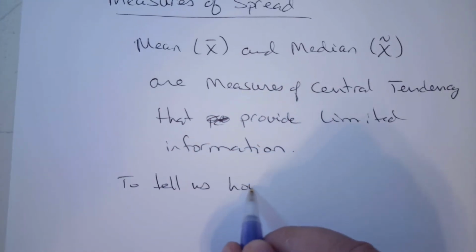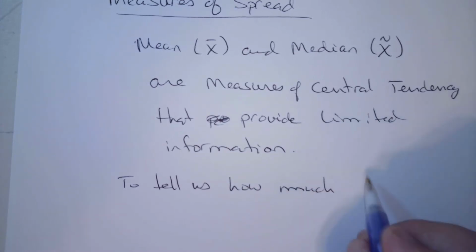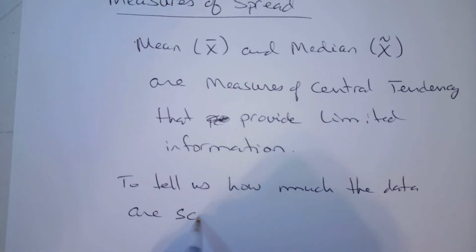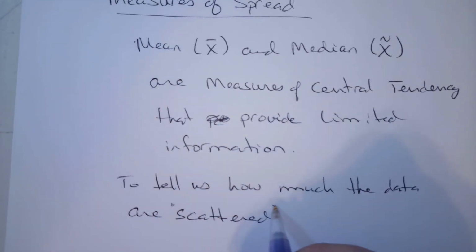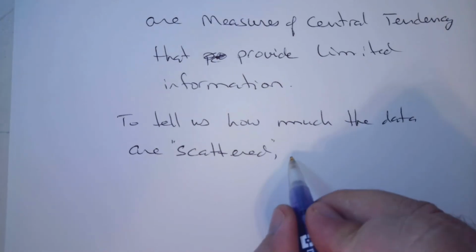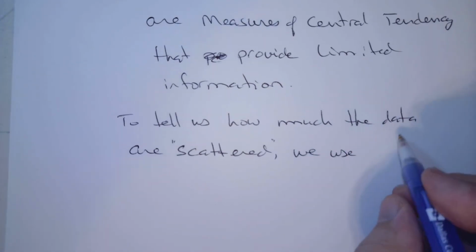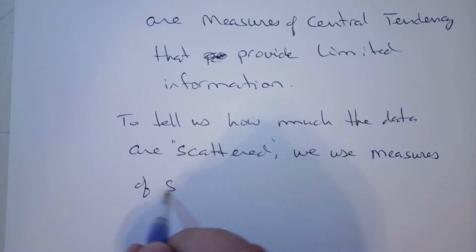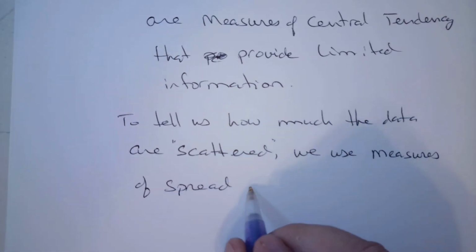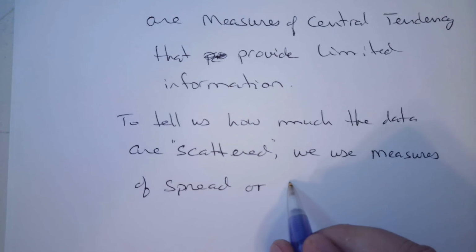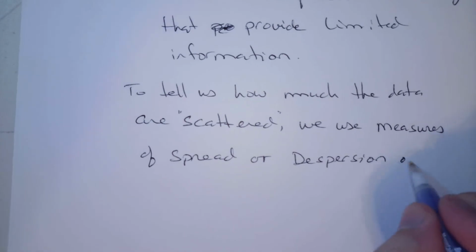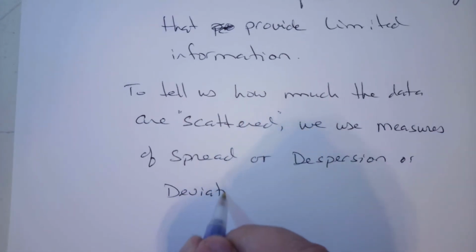To tell us how much the data are scattered, to tell us how far the data is scattered, we use measures of spread, or in other words, dispersion, or deviation.